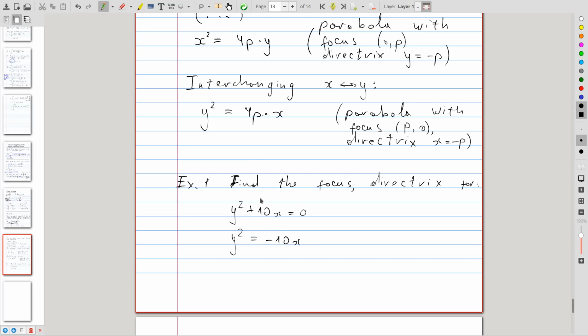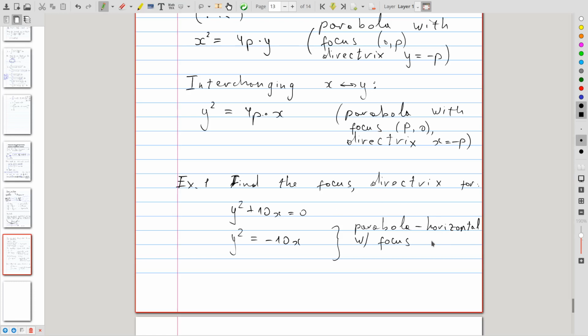And so by comparing this equation with the second equation for parabola, we see that this is a parabola oriented horizontally. So it's a horizontal parabola with focus.